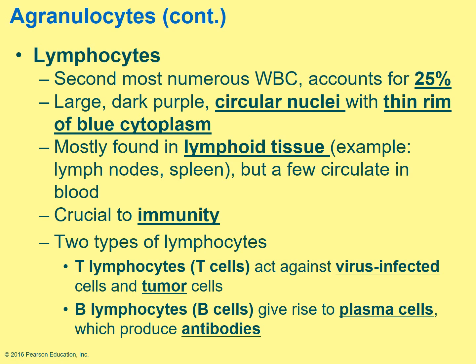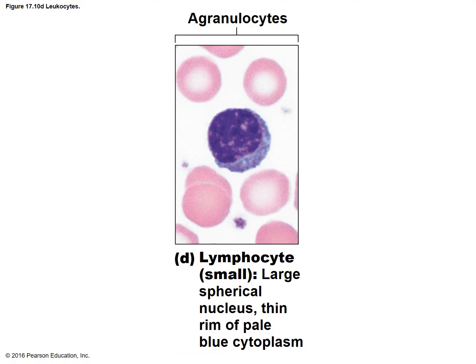The B lymphocytes, also known as B cells, these also play a role in immunity, but these are going to give rise to what are known as plasma cells, which in turn produce your antibodies against whatever that foreign substance was. So this is what the lymphocyte looks like.